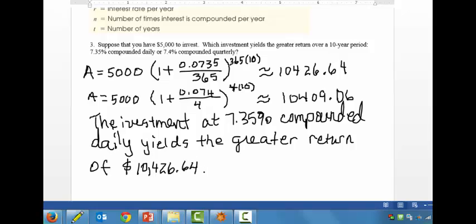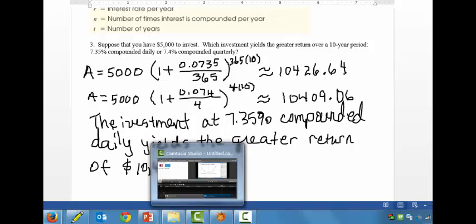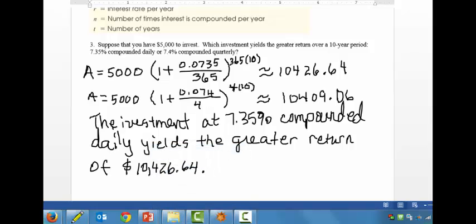So compounding more frequently is actually more powerful than a higher interest rate with significantly less compoundings. So you're compounding 90 times more frequently.